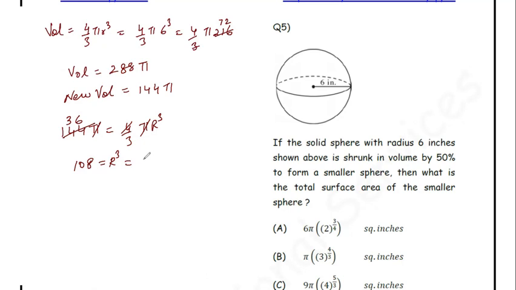So this we already knew. R is 27 times 4, right? Therefore, R is 3 into 4 to the power 1/3. So we know this R already from the previous similarity case. Therefore, the surface area will be the same thing as that one.